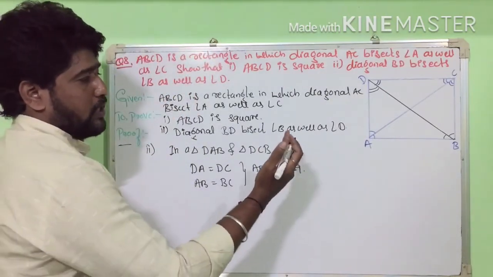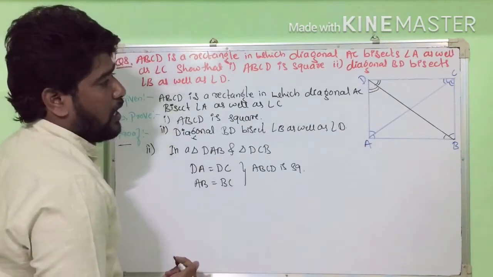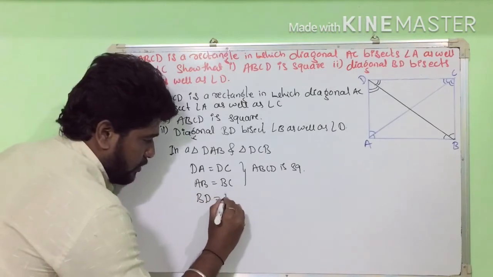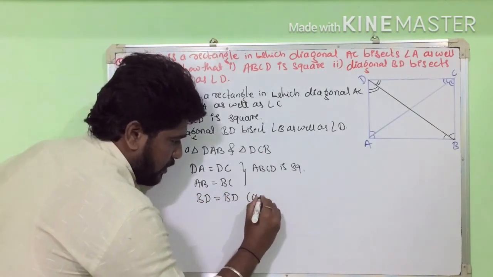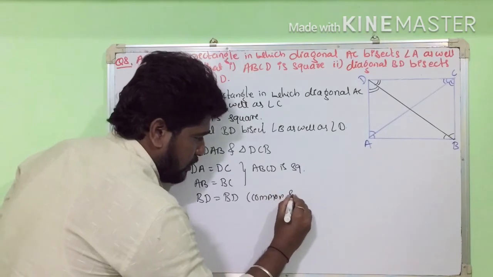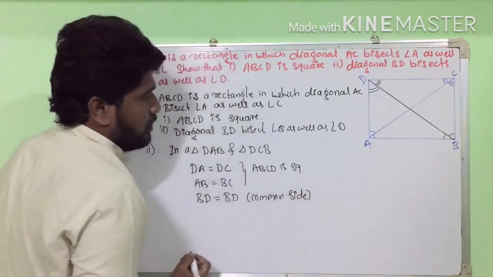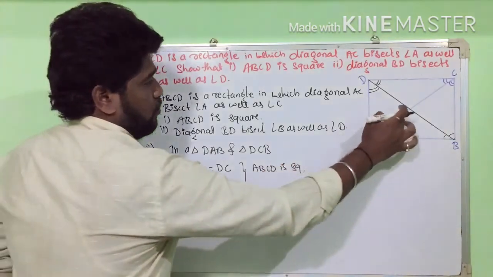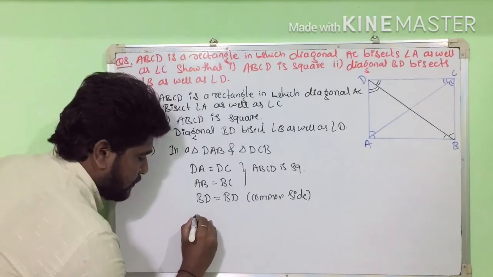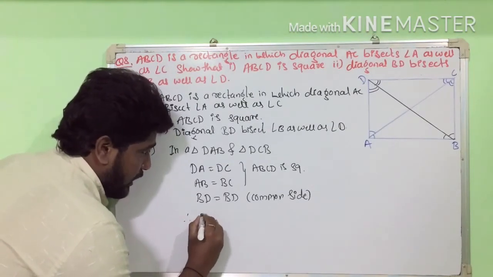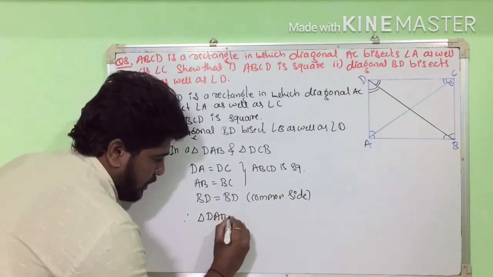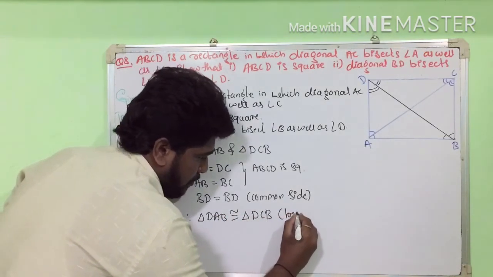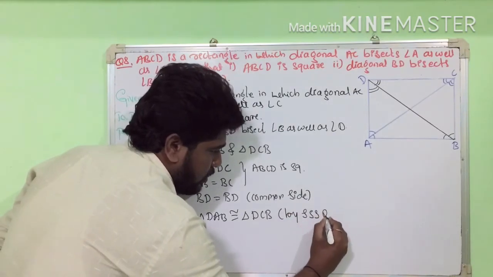So ABCD is a square means all sides are equal, and here BD is common. BD is equal to BD, common side. So in these two triangles, corresponding three sides are equal. It means these two triangles are congruent to each other. Therefore, triangle DAB is congruent to triangle DCB by SSS rule.